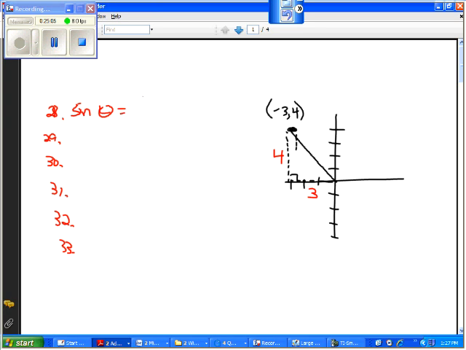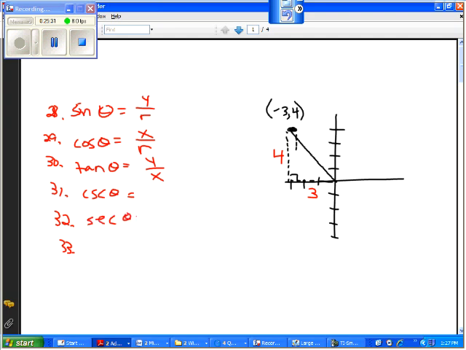then we're going to have to think of it as being the y over the r, correct? And we're going to have to think of cosine as being the x over r. And we're going to have to think of tangent as being the y over x. We're going to think of cosecant as being the reciprocal of whatever sine comes out to be.